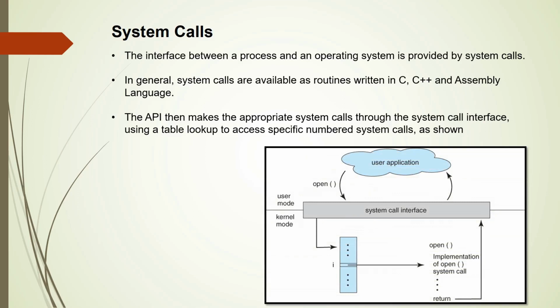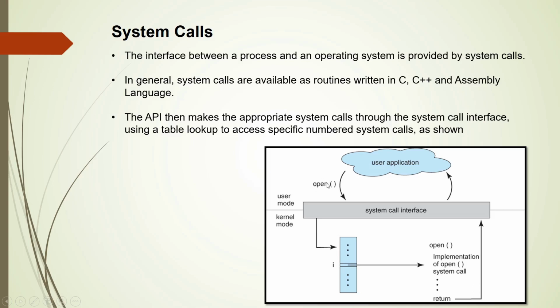In this example, there is a user application which uses an API. This is a standard API, an open API, and it can be a Win32 API, a Java API, or a POSIX API. So the user application uses an API, and in this API there is one function, or there can be multiple functions. Suppose there is an open function.